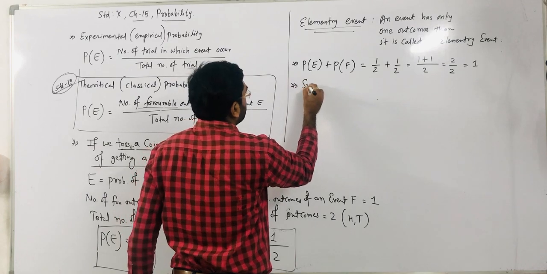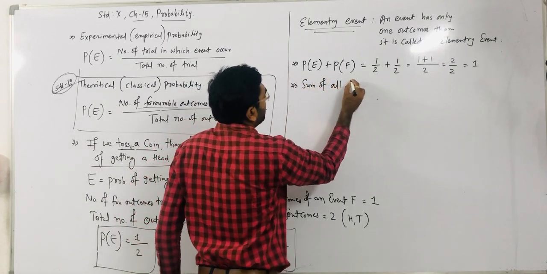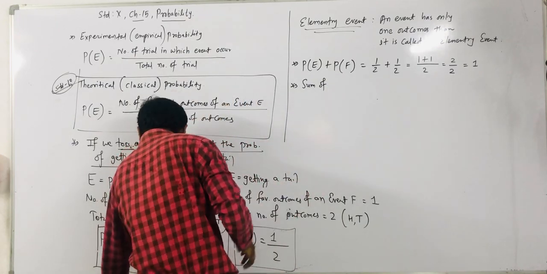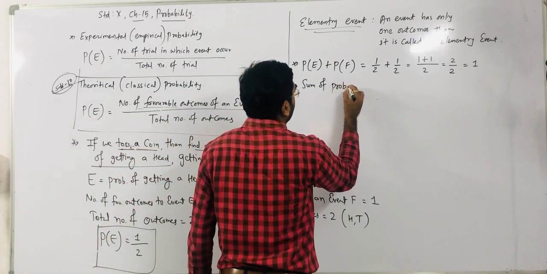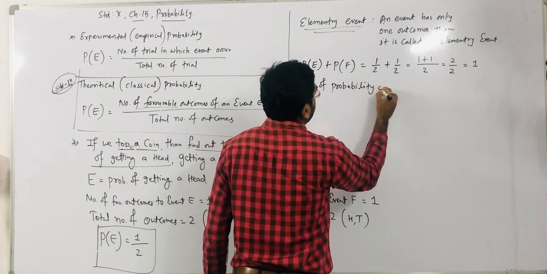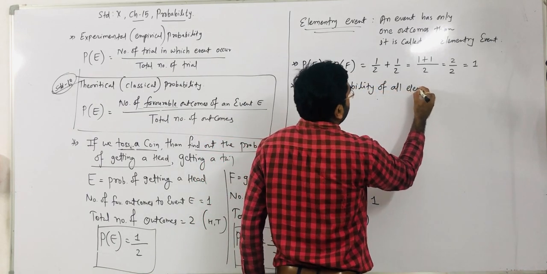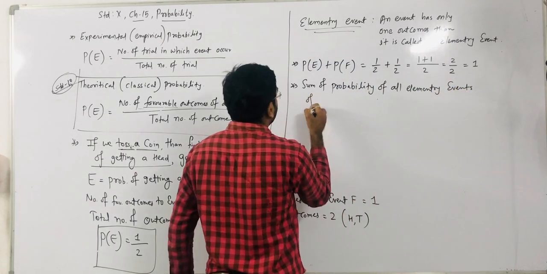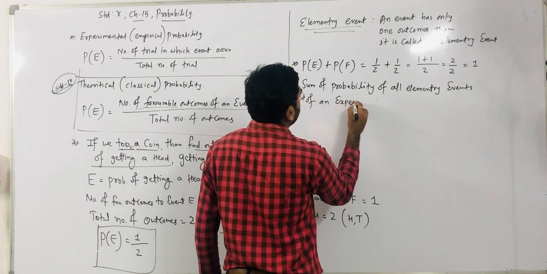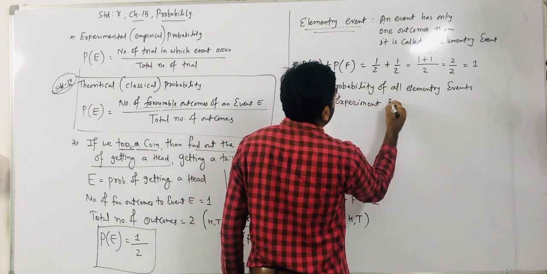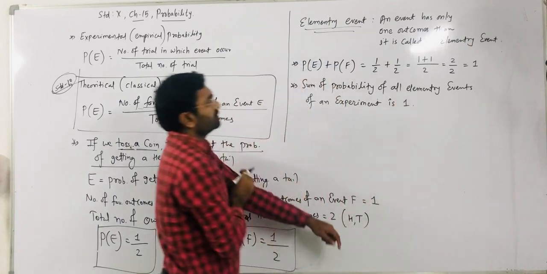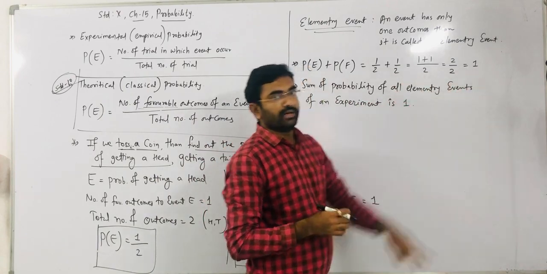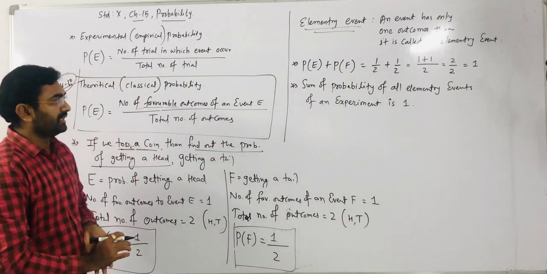Sum of probability of all elementary events of an experiment is 1. Okay, so remember that thing. Elementary events probability summation is always 1. Okay, this is also a 1 mark question.